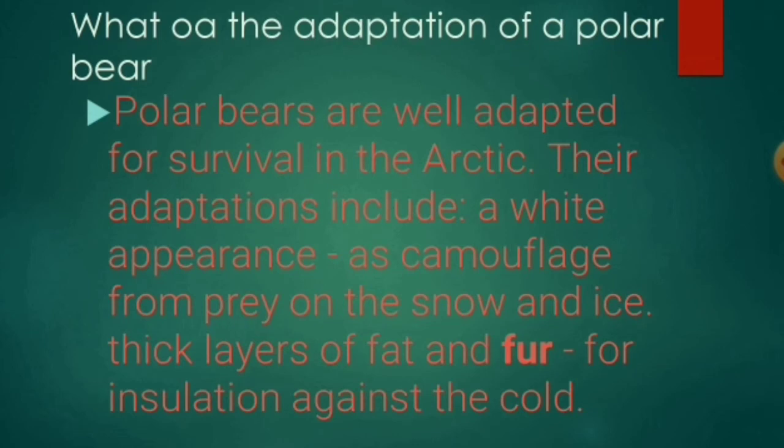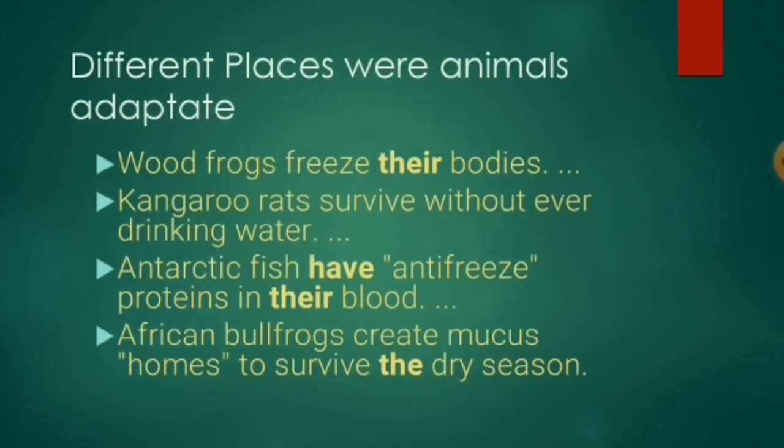Okay friends, now let's learn about different places where animals adapted. Do you know there is an animal called the wood frog, and it adapted by freezing its body. When wood frogs freeze their bodies, they can adapt easily. And kangaroo rats can survive without drinking water.